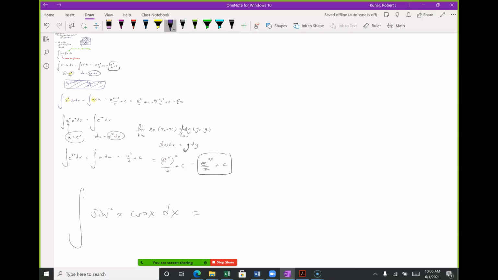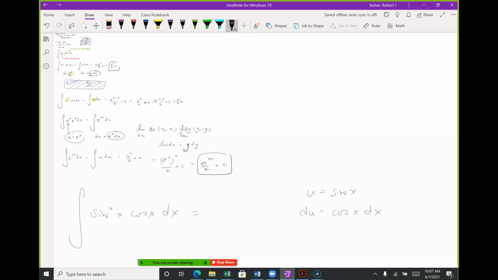So do I see a function and its derivative is the question. Good, Charlie. What do you think is the function? Sin x. Nice. So sine x is the function. du is what? Cos x dx. If I picked cos x as my function and did the derivative, I would have gotten the negative sine x. The negative is not a problem, right?